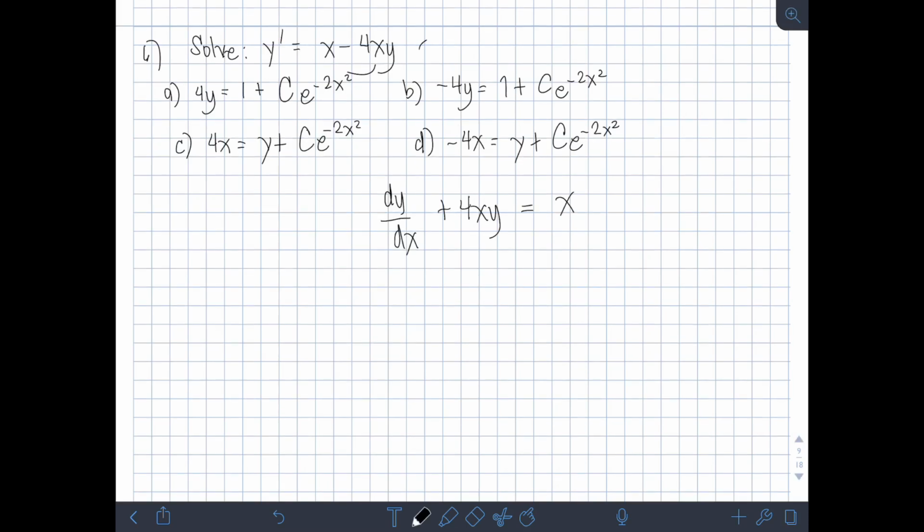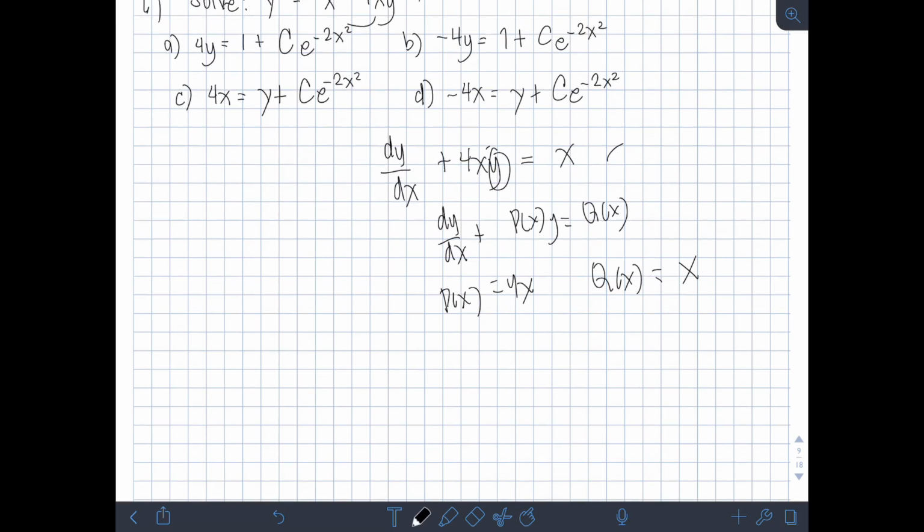It takes the form of a linear DE, linear in y. So, dy over dx plus p of x times y is equal to q of x. Where our p of x is the one beside y, which is 4x, and our q of x is the function of x on the right side, which is x.